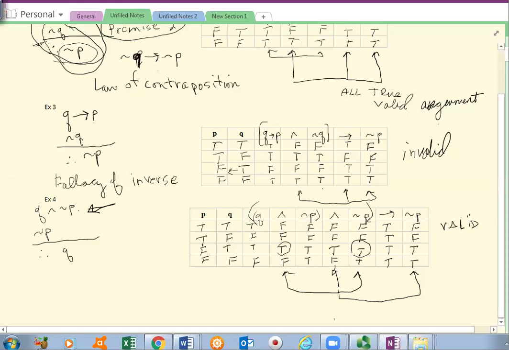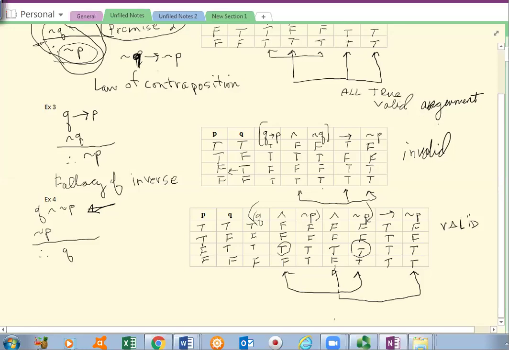So we're given that not P is true. That's what it means to say not P. Okay, that means not P is true. So this side of the and statement is true. In order for it to remain true, Q would have to also be true.